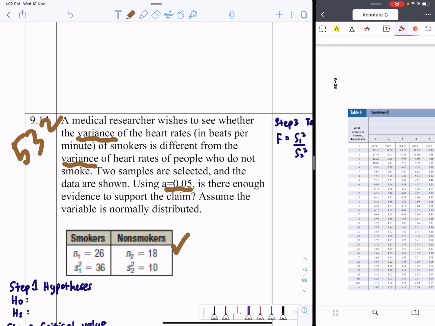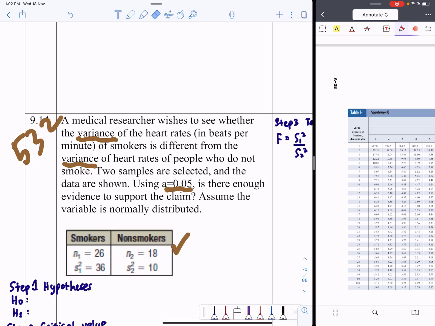How to choose the denominator and numerator? This one also you can go directly to page 531, where they explain what value should be used as numerator and what value should be used as denominator.